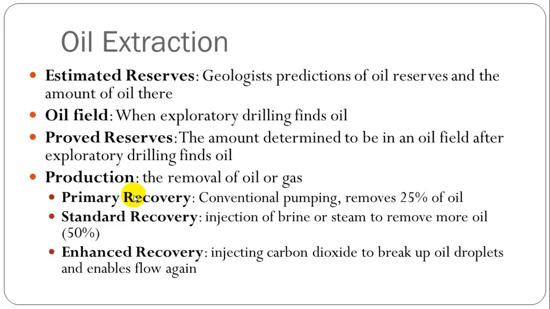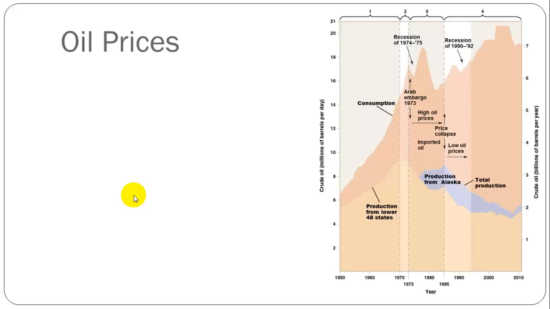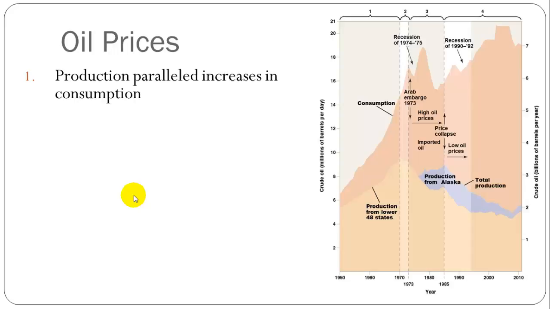And maybe technology in the future will allow us to get all of it, but there's still some residue there that it just isn't worth the extra effort to get. So with the use and production of oil into forms which we can use for energy, you're going to have a very fluctuating price.